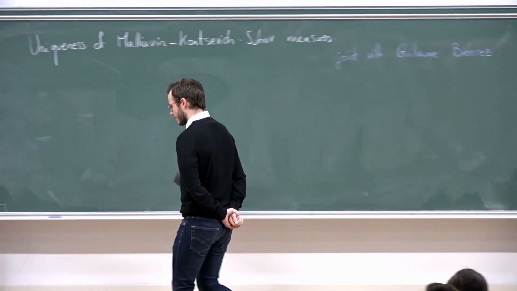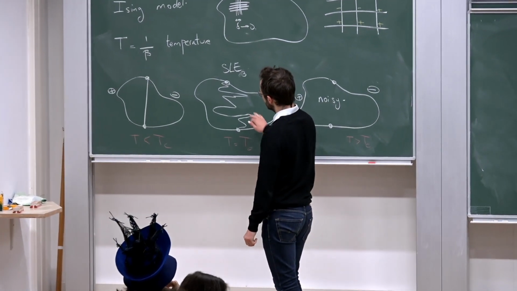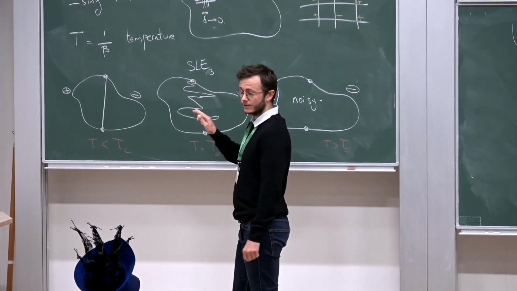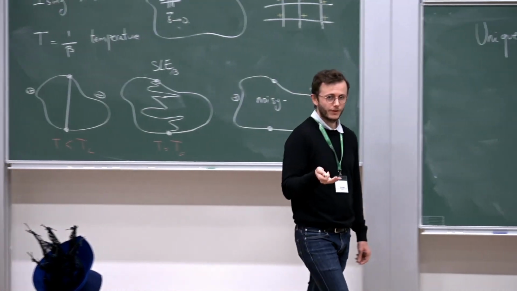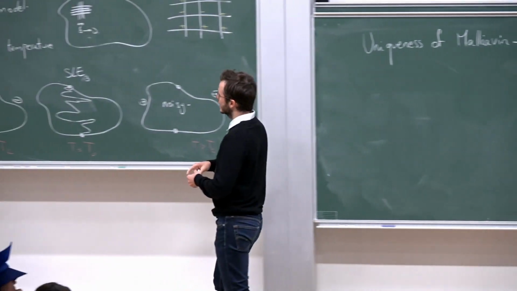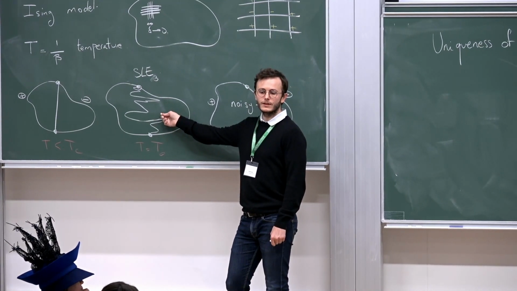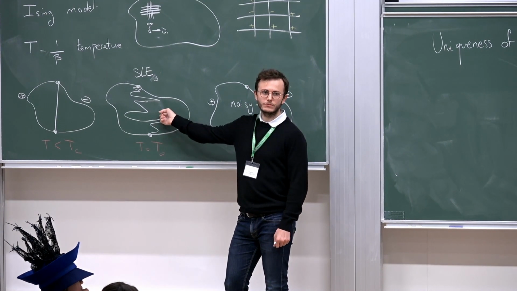Physicists, okay, so there are several approaches, but one big success was via this thing called conformal field theory. The idea behind that is that the scaling limit of this picture is supposed to be conformally invariant.